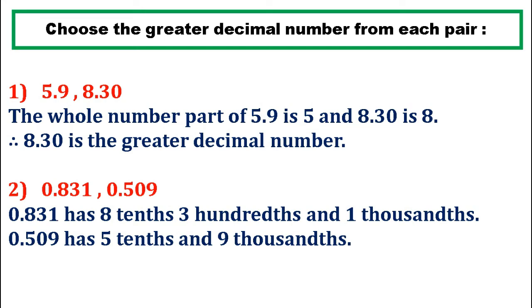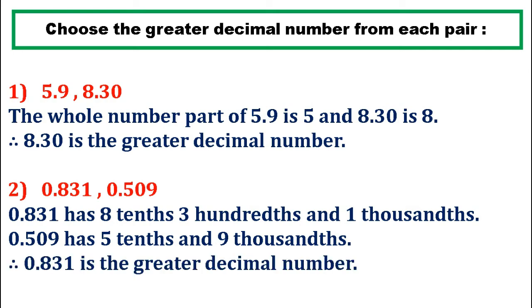The second number has 5 tenths and 9 thousandths. So we will now compare the digit at the tens place. The first number, 0.831, has 8 tenths, and the second number, 0.509, has 5 tenths. Since 8 tenths is greater, therefore 0.831 is the greater decimal number.